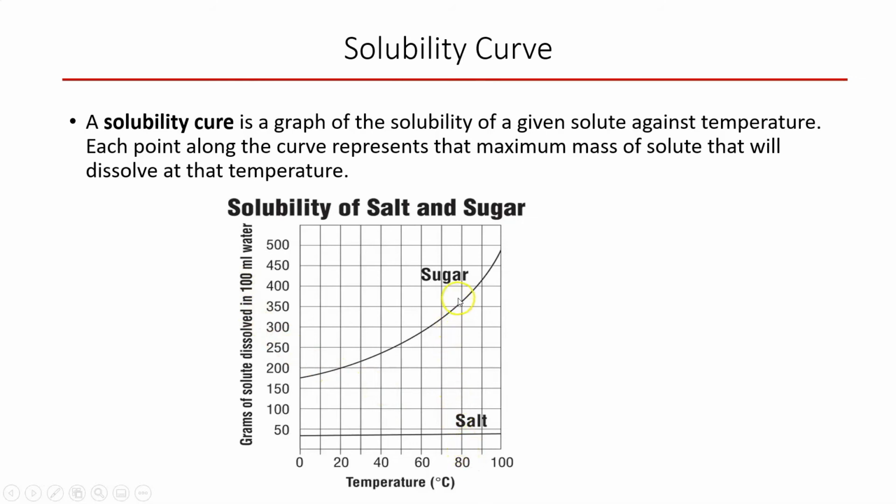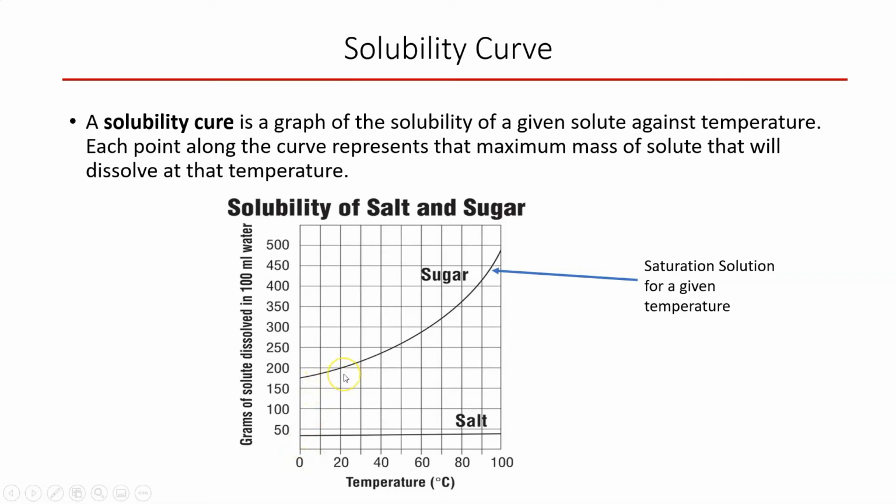At 80 degrees Celsius, I could dissolve about 360 grams of sugar in 100 mL of water. This represents my saturation point for any given temperature, the maximum amount that will dissolve at that temperature. The reason we stop at 100 is because this is the temperature at which water becomes a gas. We don't go below 0 because water is a solid.